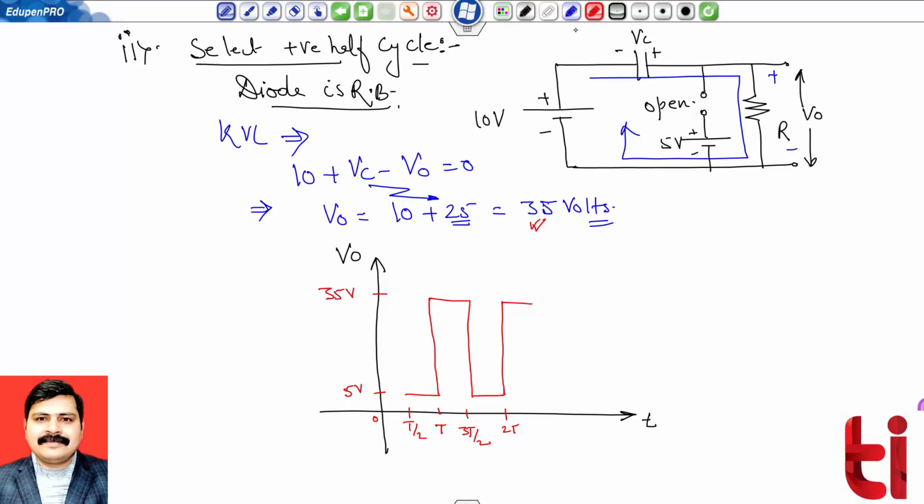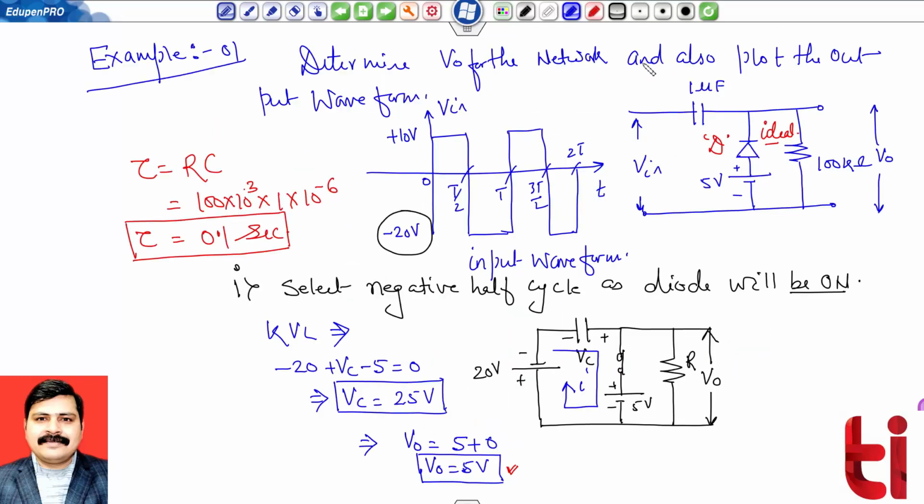So interestingly, now you can check the peak to peak voltage of my output signal, that is my VPP, and you can see that VPP is 35 minus 5, that is 30 volts. And you can check what is the VPP of my input signal.